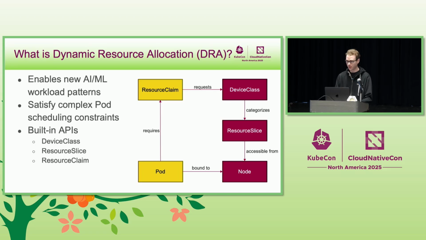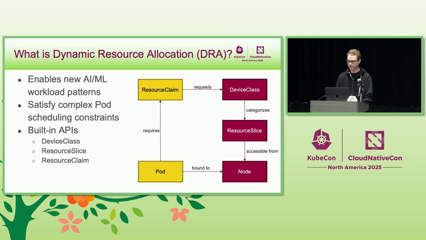More concretely, DRA is implemented as a new set of APIs built into Kubernetes to express what generic resources are required for workloads. Resources here are usually physical or virtual devices like GPUs, TPUs, or network devices. This diagram shows the new API types and how they relate to pods and nodes.